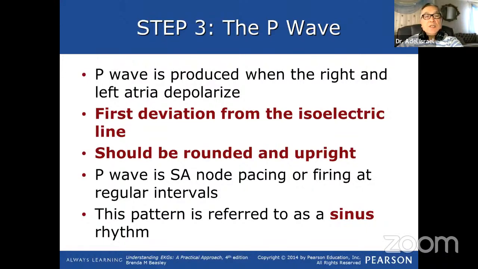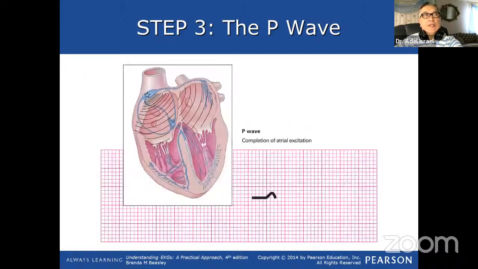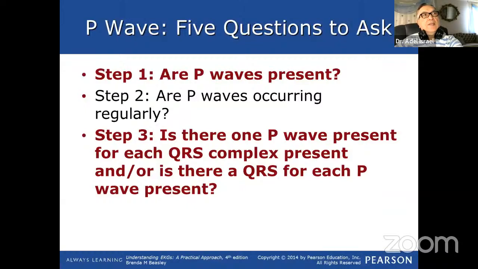This means the heart is working correctly, because as I told you, in the future we will find that P waves may be more than the number of QRS. And we know that the P wave shape looks like this.